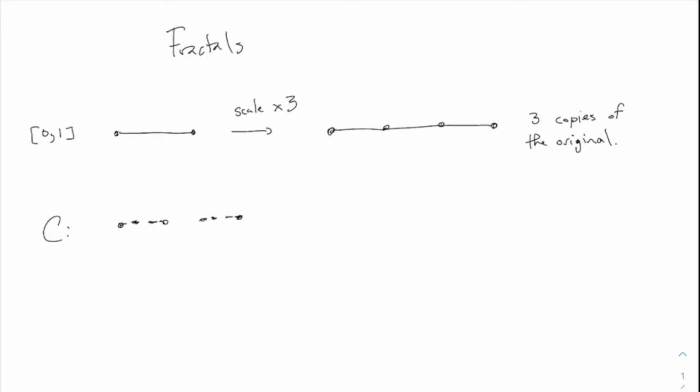What if I scale this one up times 3? Now, this all lives from 0 to 1, right? Instead of stretching from 0 to 1, the whole thing is now going to stretch from 0 to 3, right?